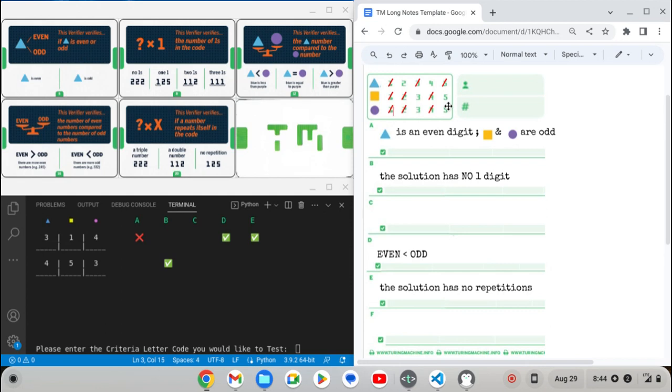So 2, 3, 5, 2, 5, 3 would be ambiguous. But what about 4, 5, 3? That's where it would be less. But how would you establish that for sure? Because it couldn't be 4, 3, 5. At least that's my proposal, and the only way is if triangle is greater than circle.